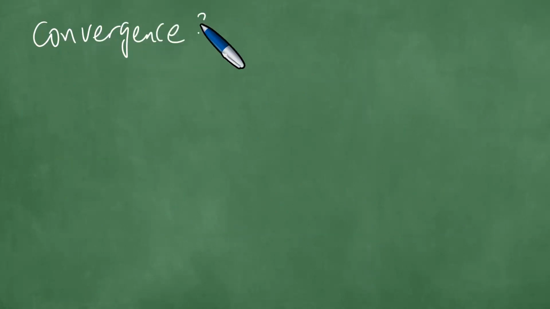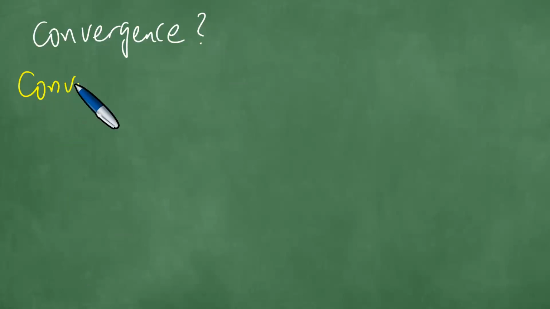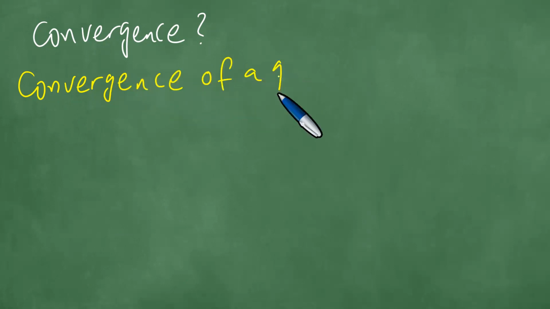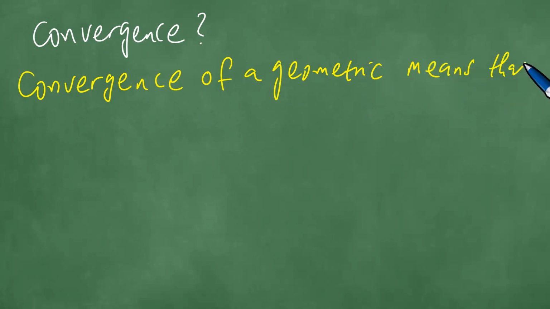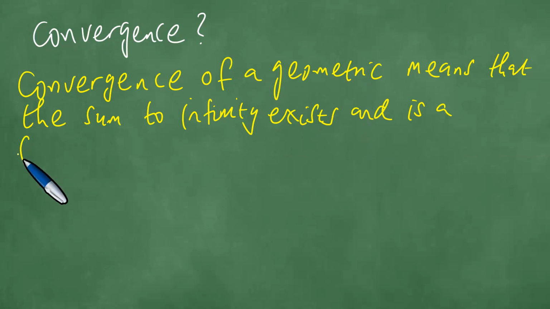Convergence of a geometric series means that the sum to infinity exists and is a finite number.